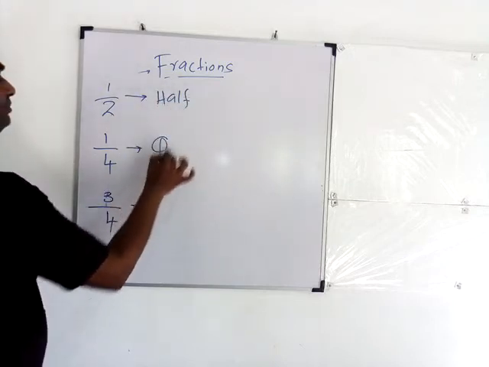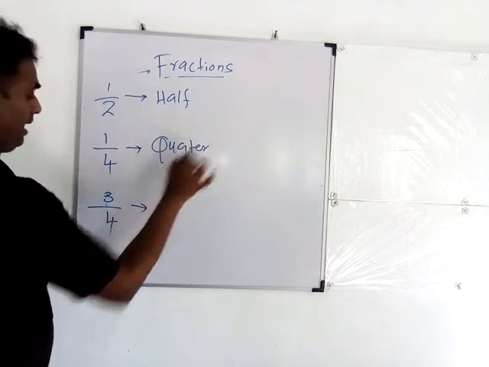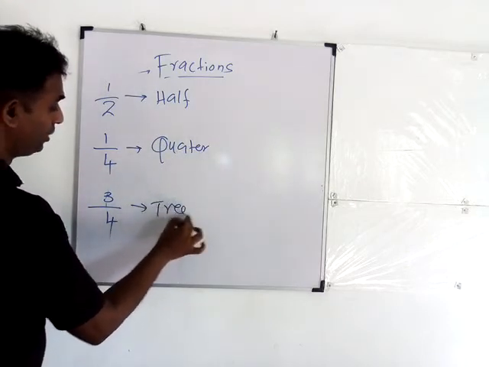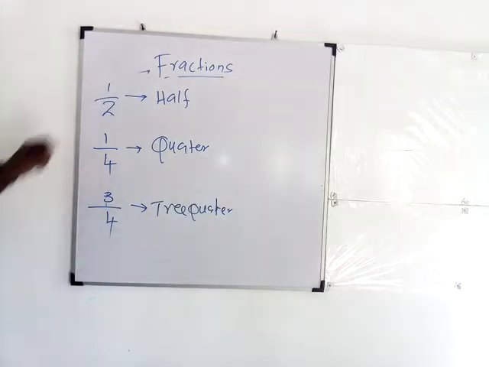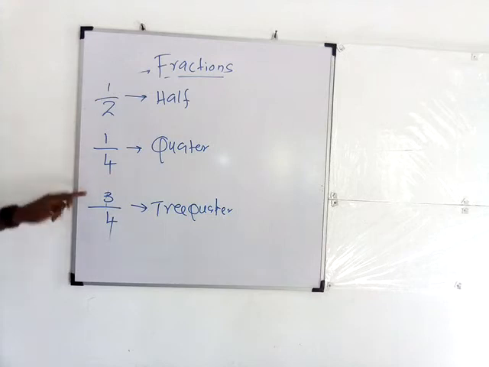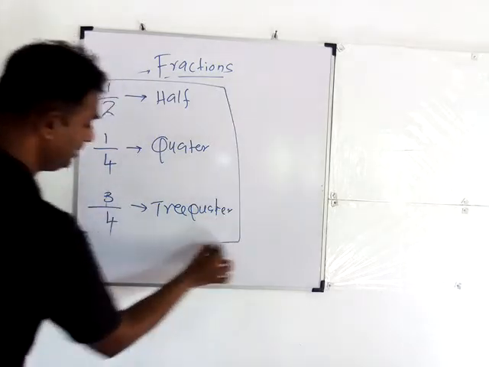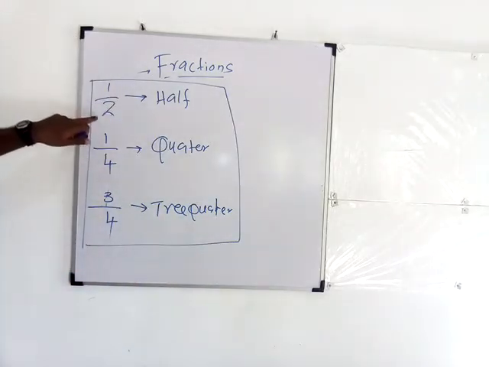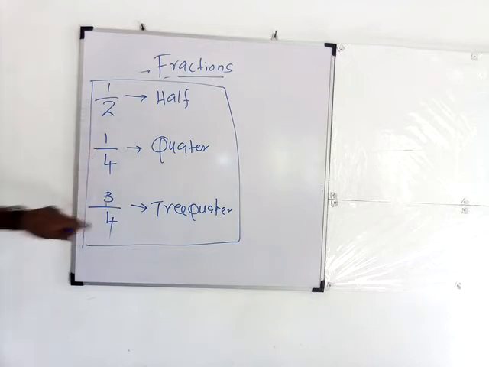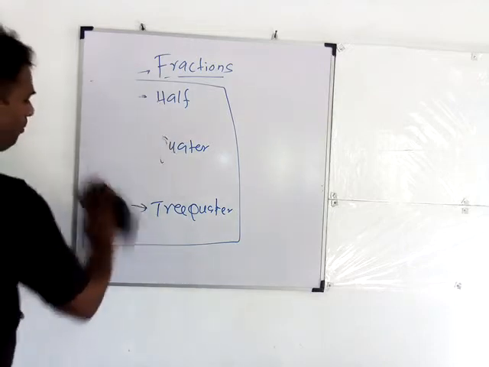Half, quarter, and three quarters. We can also say 1 upon 2, 1 upon 4, 3 upon 4, but generally we use these words to express these 3 fractions.